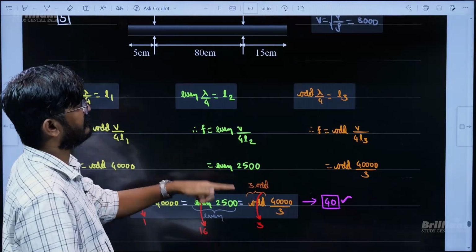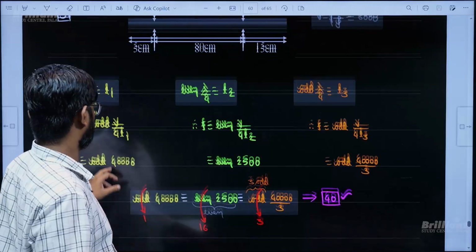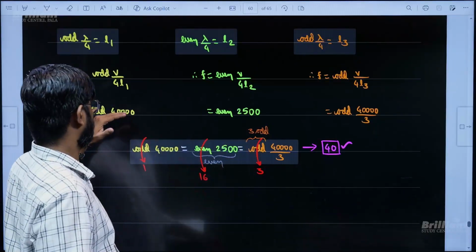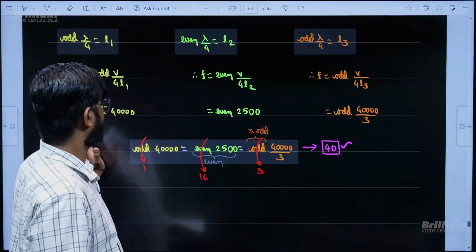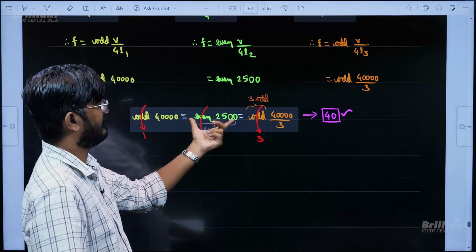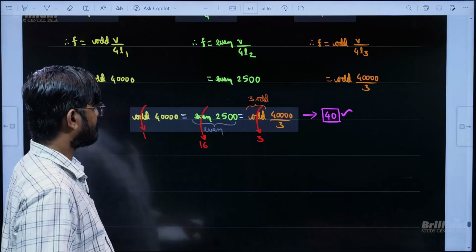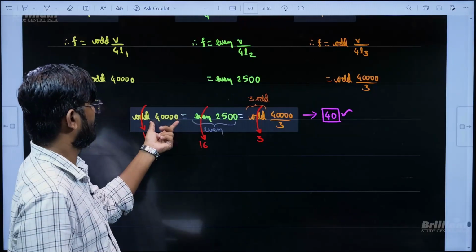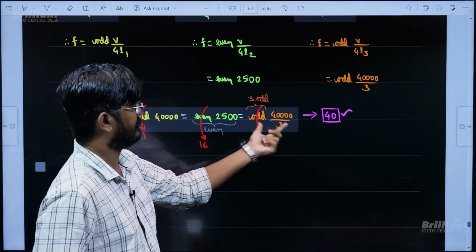Then the common frequency is going to be the resonant frequency when the structure is like this. So we need to see what the common frequency is. This will have certain values, this will have certain values, this will have certain values. When will these 3 be equal? For that you should easily understand this should be an even number. So this and this also should be even numbers, and in fact this is 40,000 into some odd number, this is 40,000 by 3 into some odd number.